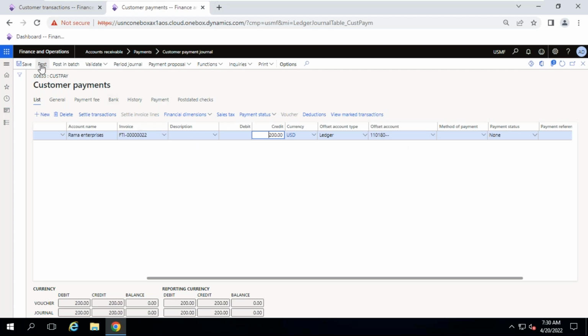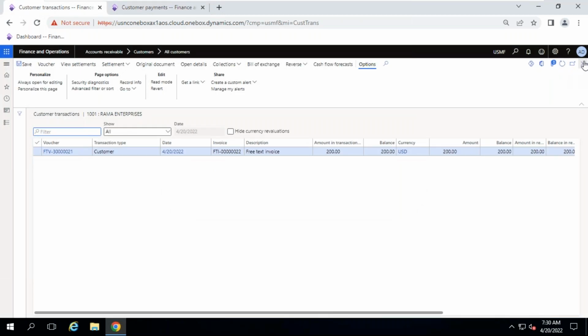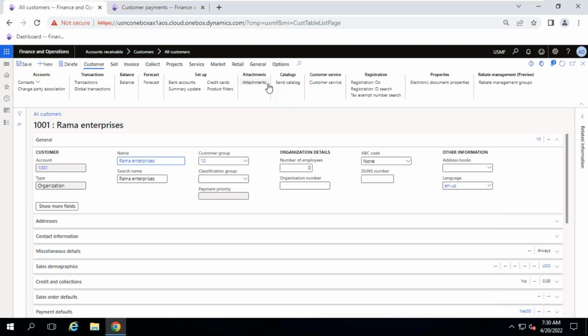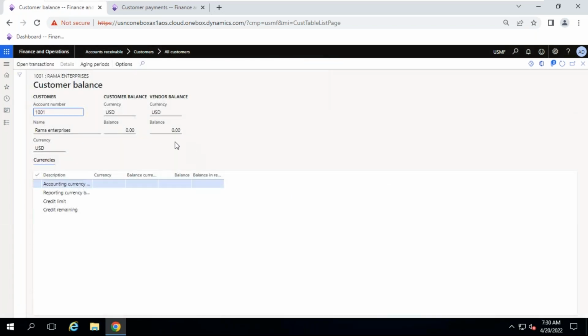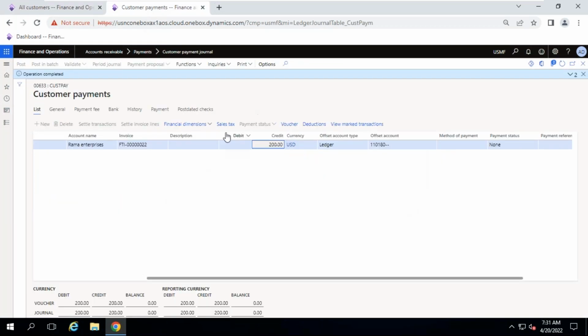Now let me post. Before payment, it will show you the balance amount. Okay, it was posted now. I'm sorry, I needed to show that before, no problem. So the payment is done.